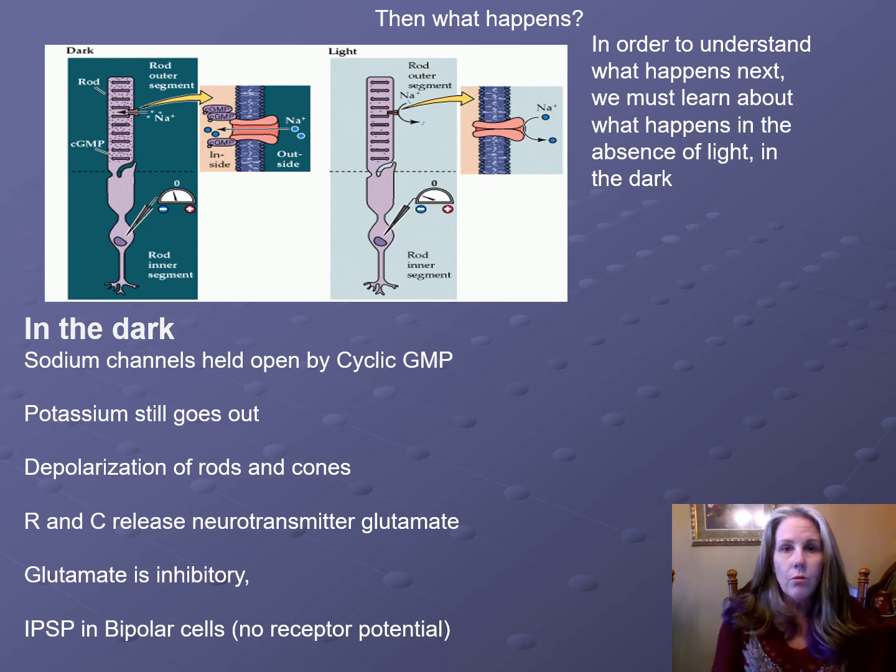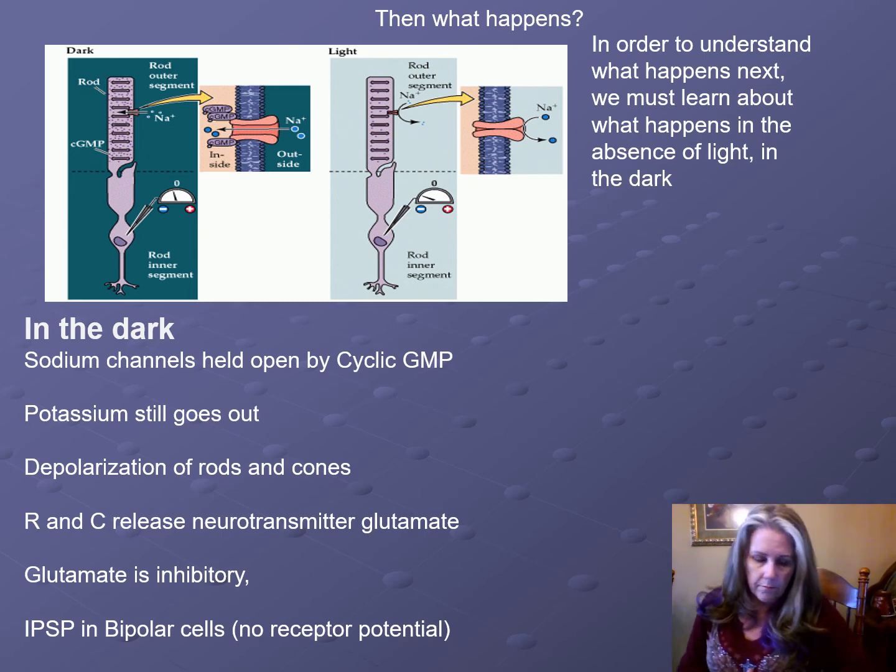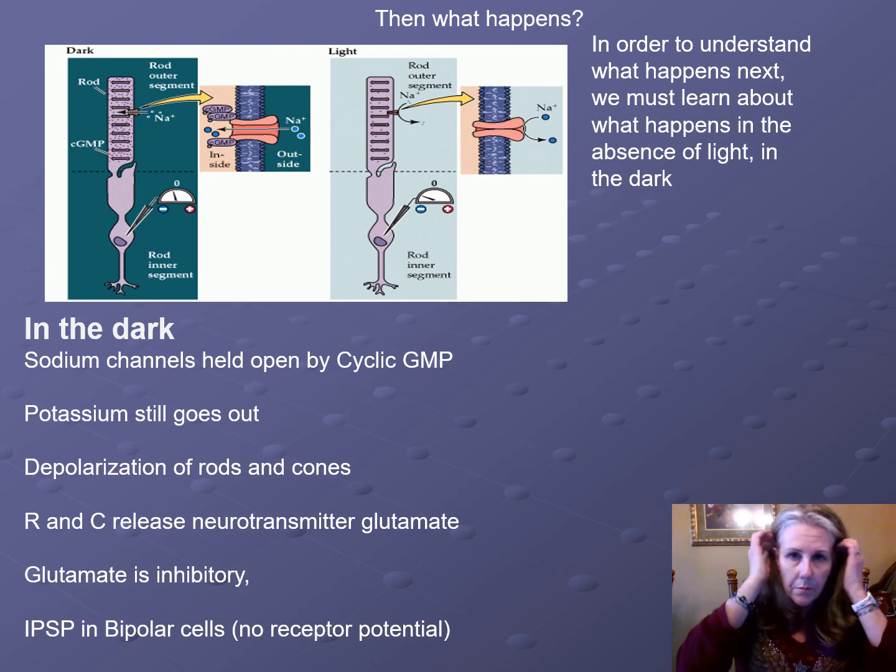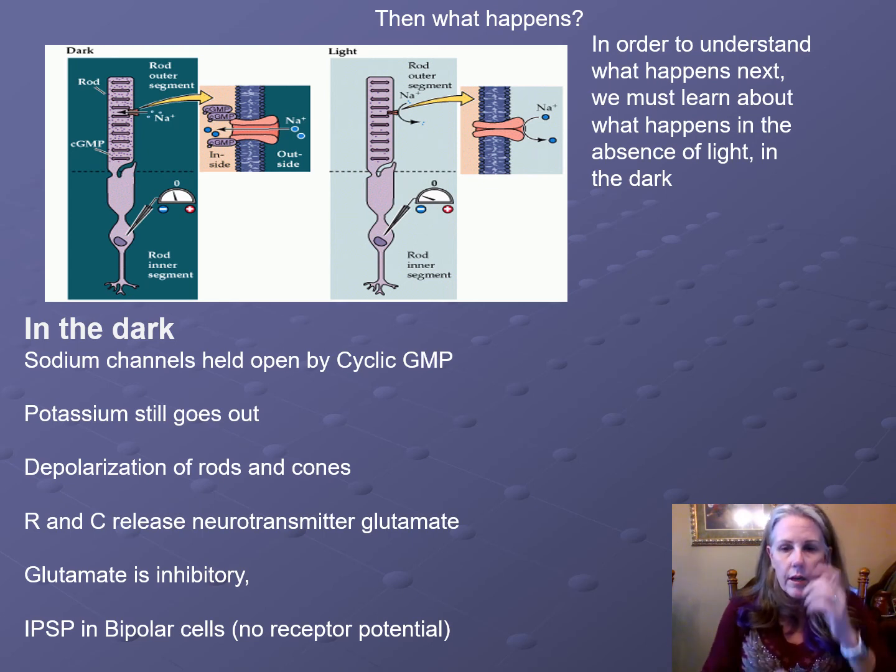So now we get to learn what happens next in the light. Okay, now we're back in the light. The light came in. It was absorbed by the photopigments. It broke apart. And now what happens? Now we're right up here at the top. Now we're in the light.